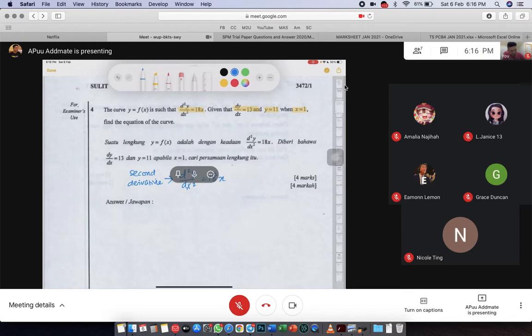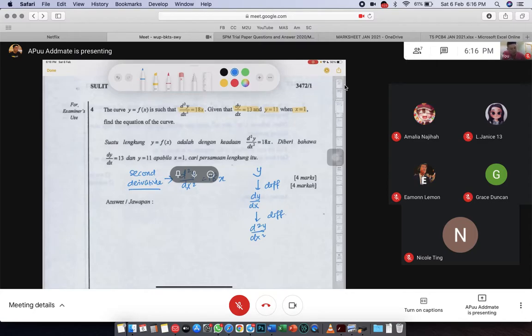So means that you see kalau kamu ada y tukar jadi dy dx, maksudnya kamu differentiate. So you differentiate one time. Lepas tu dy dx tukar jadi d square y over dx square. This one you differentiate again the second time. So itu maksudnya the second derivative. Itu adalah cerita dia second derivative.